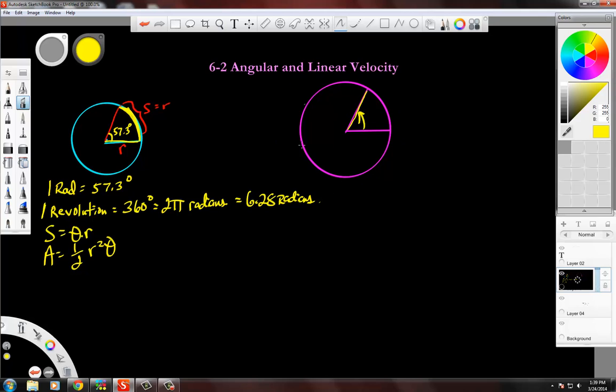rotating, and I said, okay, if I have 3 revolutions, I'll put REVS for revolutions. In other words, that angle spins around 3 times. And I want to know how many radians is that. So what would this angle be if it spun around 3 times in radians?